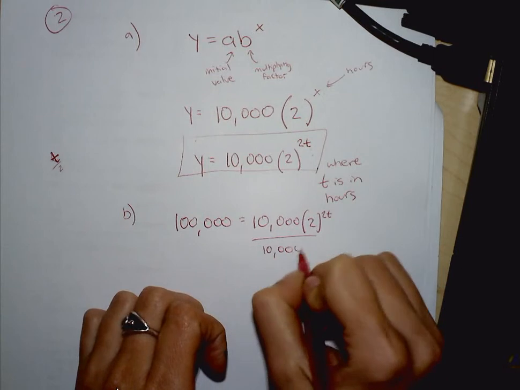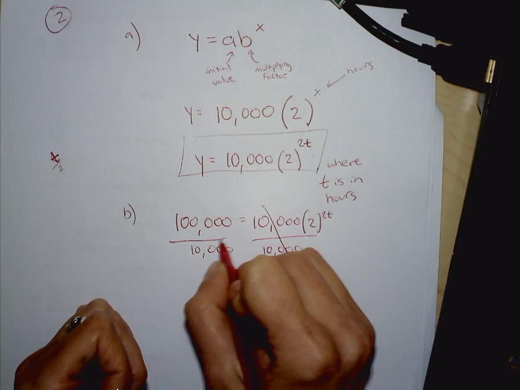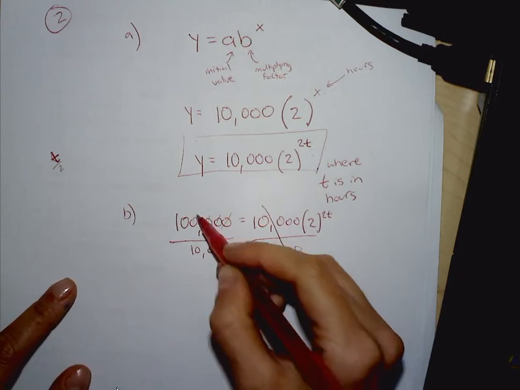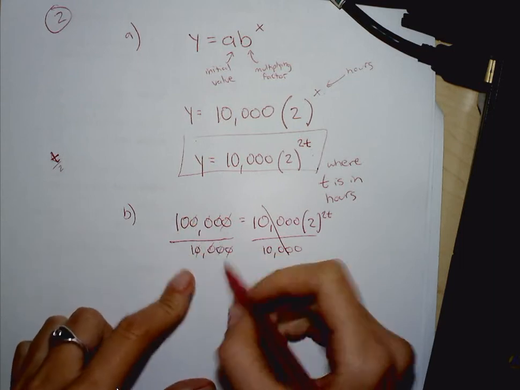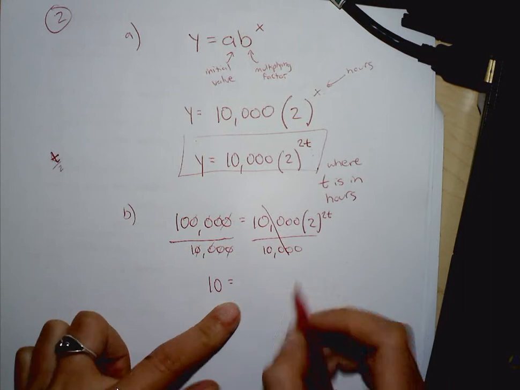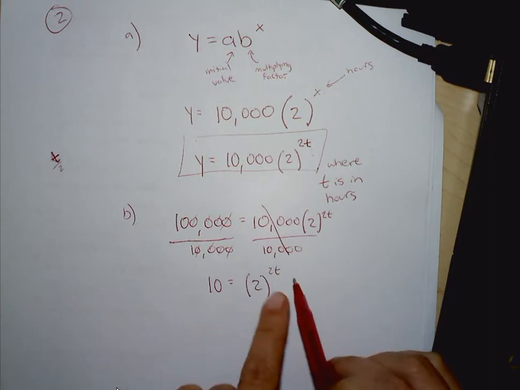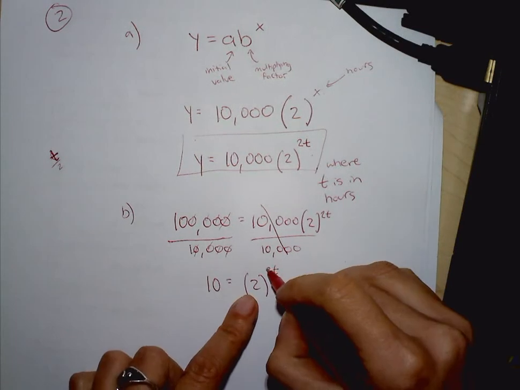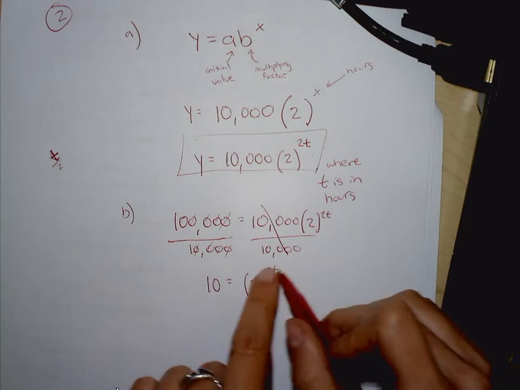Now let's see how many zeros I can cancel. Cancel, cancel, cancel, cancel. So I'm left with 10 divided by 1, which is just 10. And then here I have 2 to the 2t. I don't have anything else I can bring over without dealing with this exponent now. So I know the inverse operation of exponentials is logarithms.